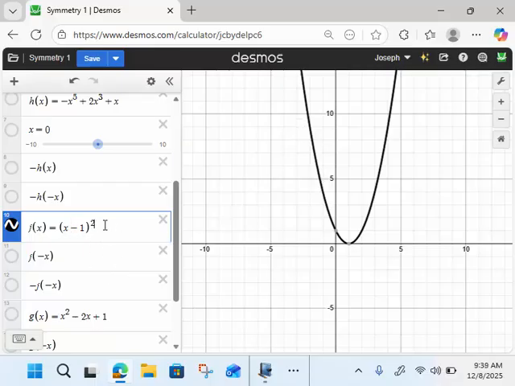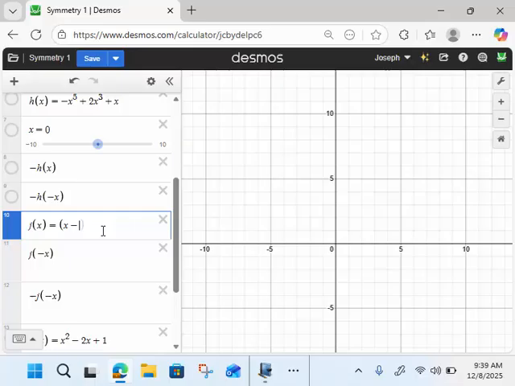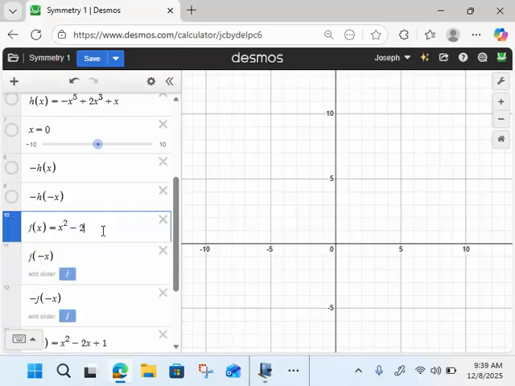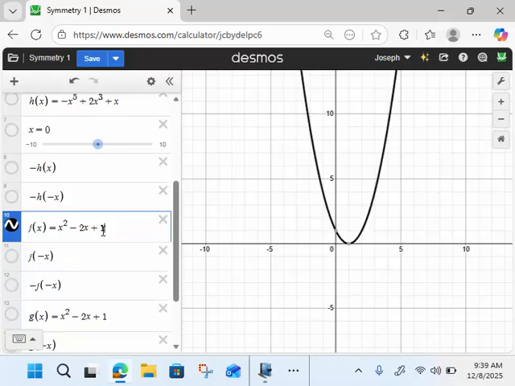You'd have to multiply this out. This is the same as x squared minus 2x plus 1, right? If you multiplied that out, you would get this. Okay? So you multiplied that out, you can see you have x's with even exponents and x's with odd exponents. That's why it has both, even and odd. So it's a neither. Okay?